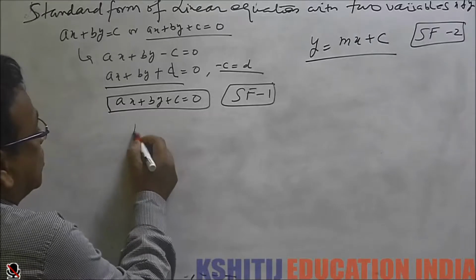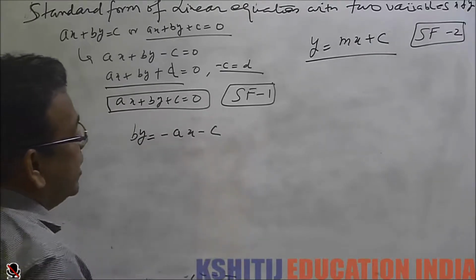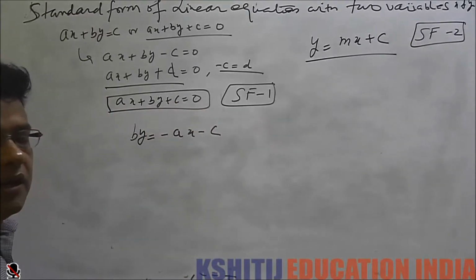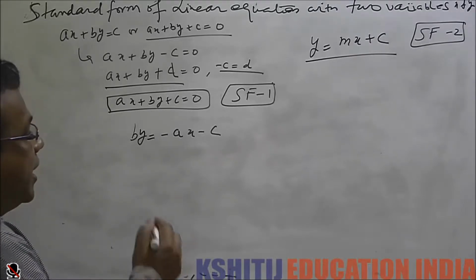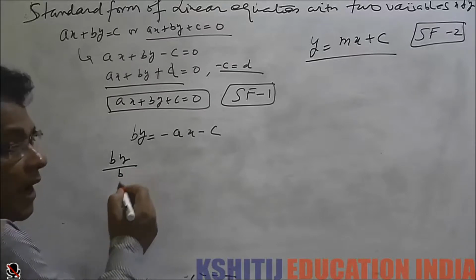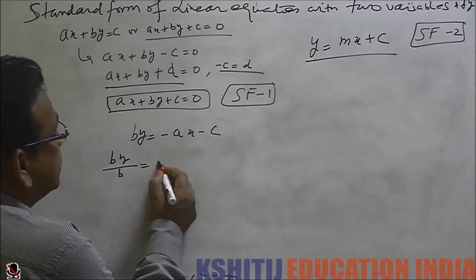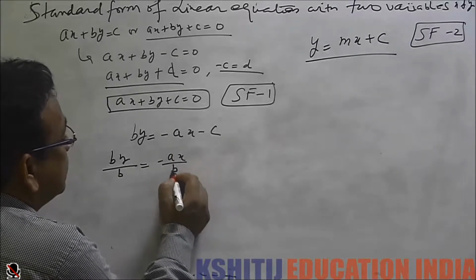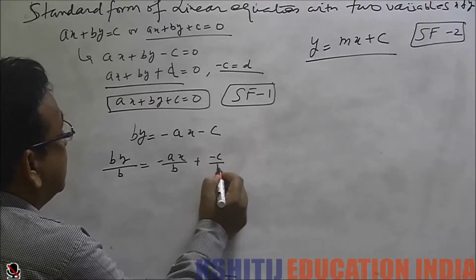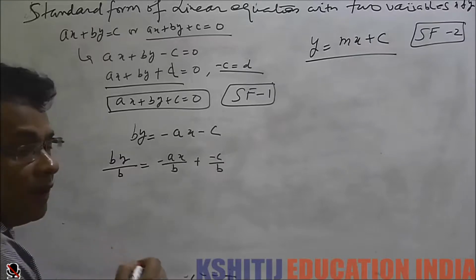So I'll put by is equal to minus ax minus c. I take these two terms towards the right hand side, and I divide by b, because I need y with coefficient equal to 1. So I am dividing by b.